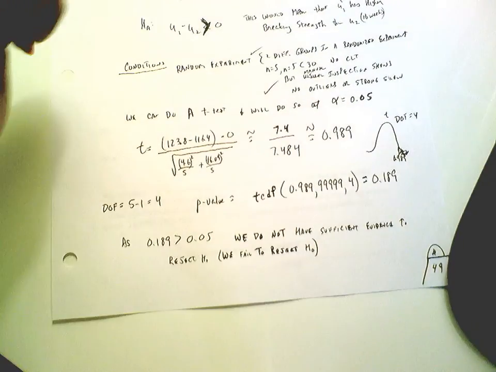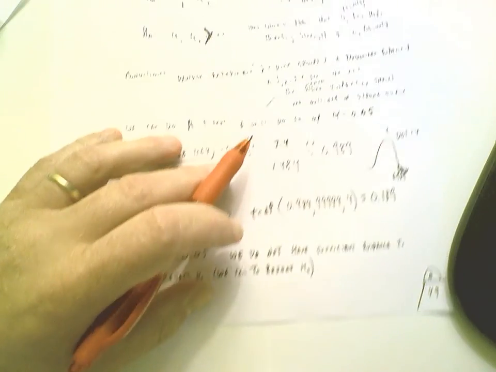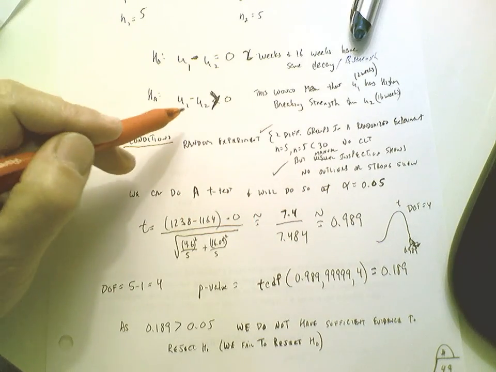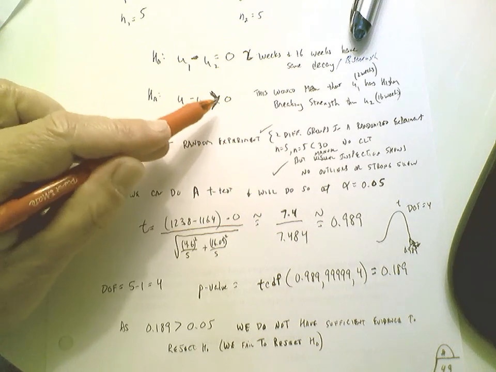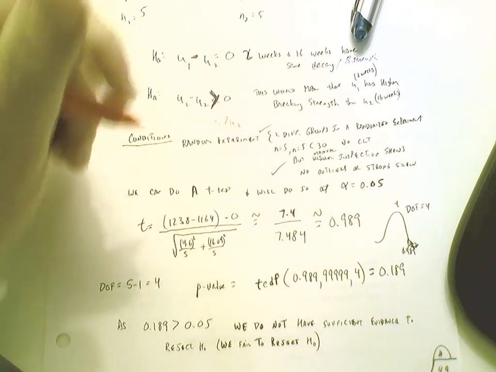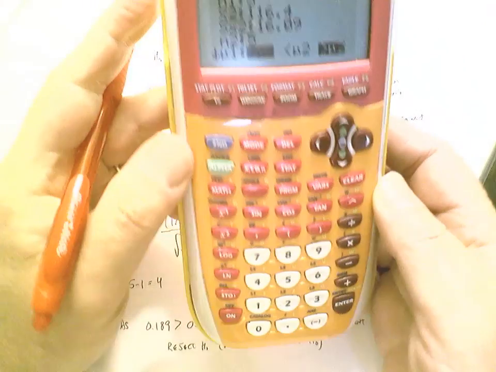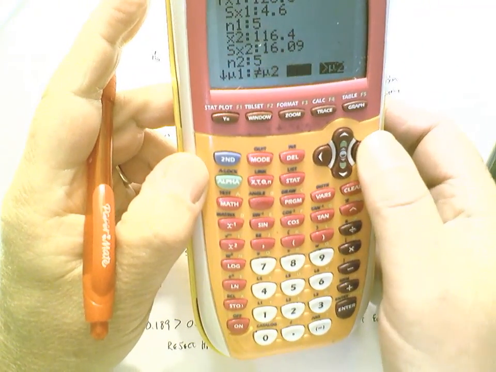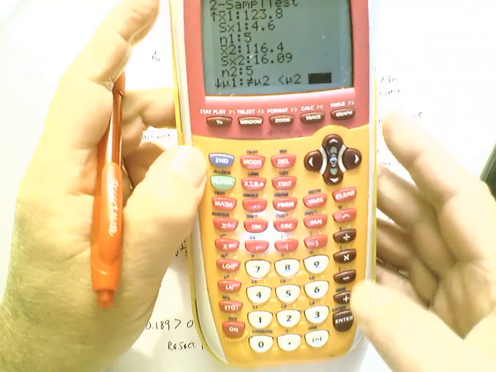Remember, what am I looking for? I'm under the assumption that mu1 minus mu2 is greater than 0, which means that mu1 is greater than mu2. And so that's what you see put in as the choice that I've made for our alternative hypothesis.